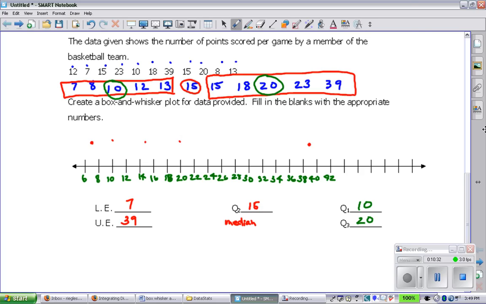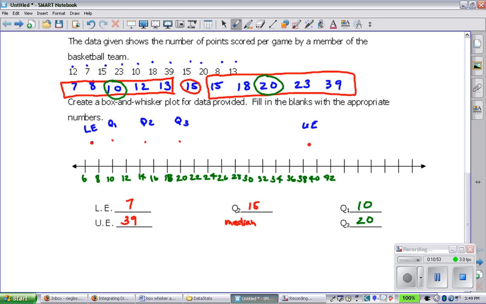Now we make our box and whisker plot. At your lower extreme, this is our first quartile. This point was our second quartile. This point was our third quartile. This was our lower extreme. And this is our upper extreme.